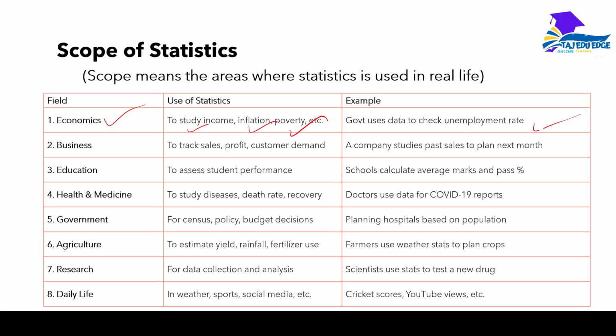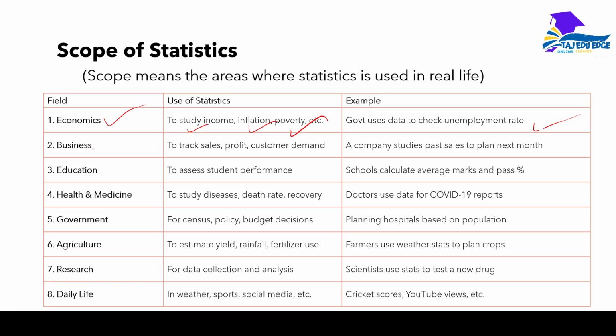The government will get to know the unemployment rate, how many people have graduated, how many are undergraduate, postgraduate, illiterate, whether they are skillful or not, whether they are employed or not. All those data will be in front of the government if there is statistics. If there is no statistics, then it is of no use, and it is not possible to do proper administration.